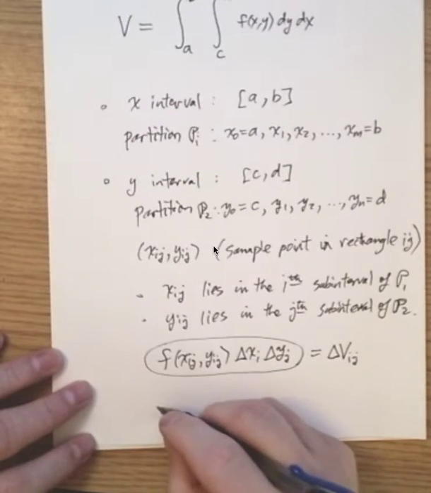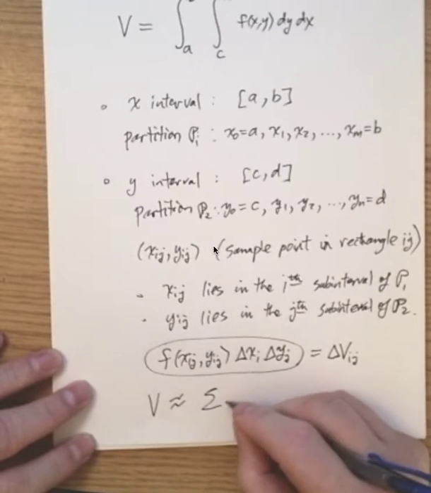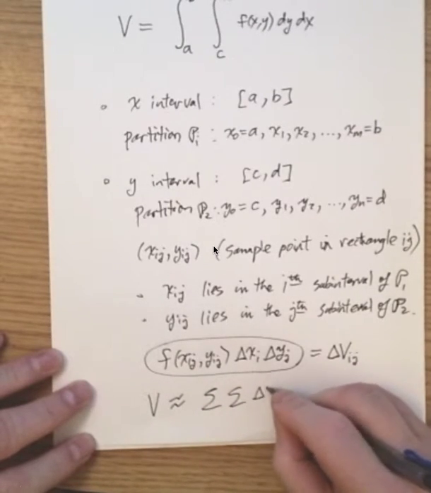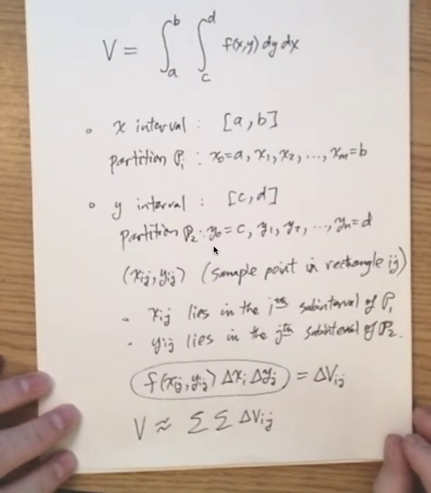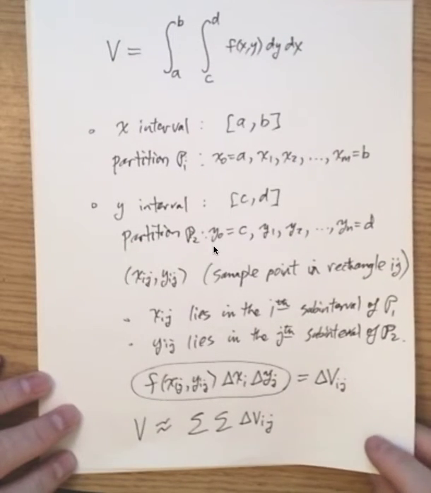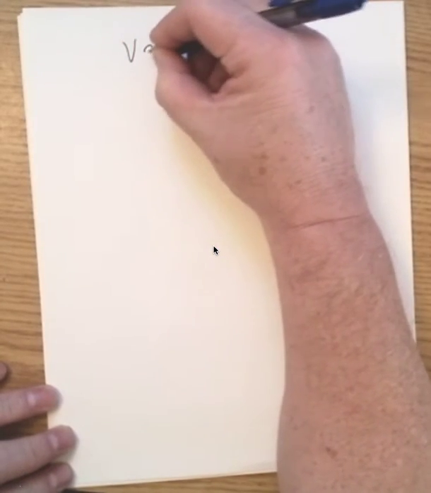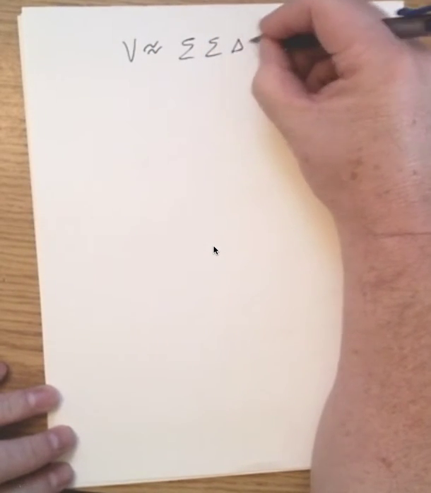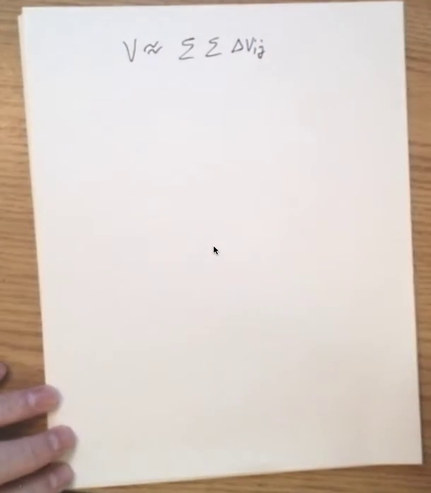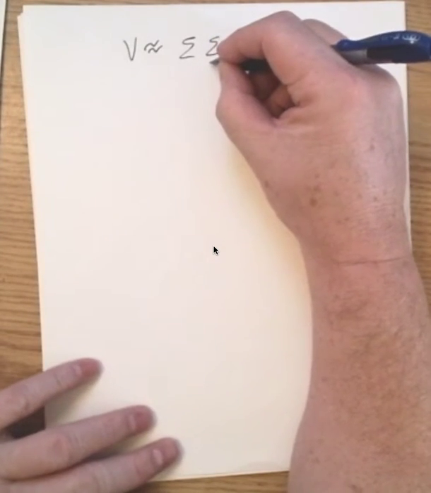To get an approximation, V is approximately a double summation of delta V sub ij. We'll talk more about the double summation in a second. I hope that makes sense. Now, where is i going from and to?